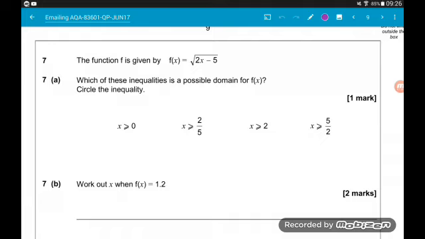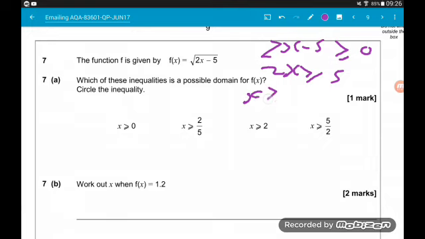So let's set 2x minus 5 greater than or equal to 0. Add 5, 2x is greater than or equal to 5, and then divide by 2, x is greater than or equal to 5 over 2. So that is our answer.